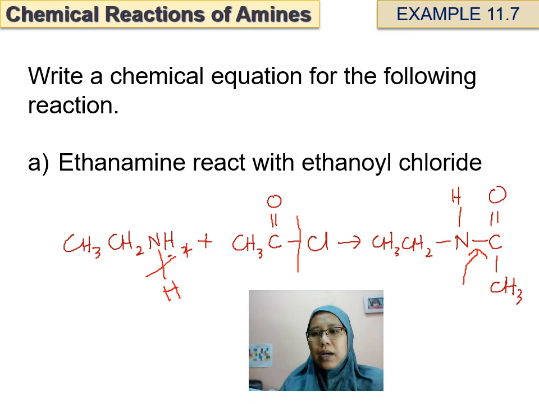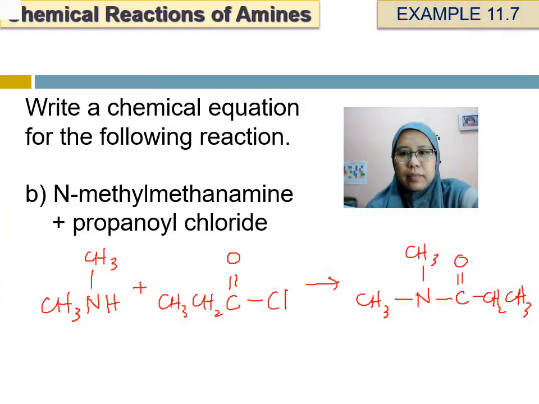So you are basically forming an amide compound. Here is the reaction between N-methyl methanamine and propanoyl chloride. So draw the secondary amine here. Propanoyl chloride is like this, and you're going to get a new compound, an amide, over here.